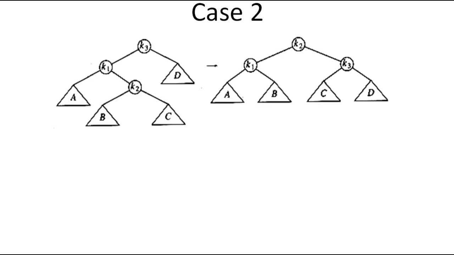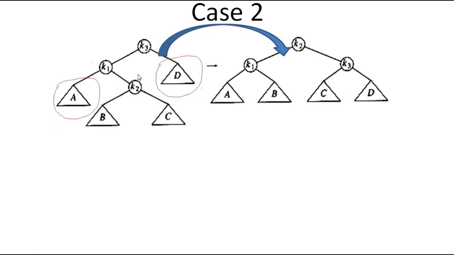Then we will check with case 2. Case 2 and case 3 are the same. When we are considering a K2 left right rotation, you can easily remember that all the leaf nodes A, B, C, D are not changing their position here. Here also the A, B, C, D is not changed.